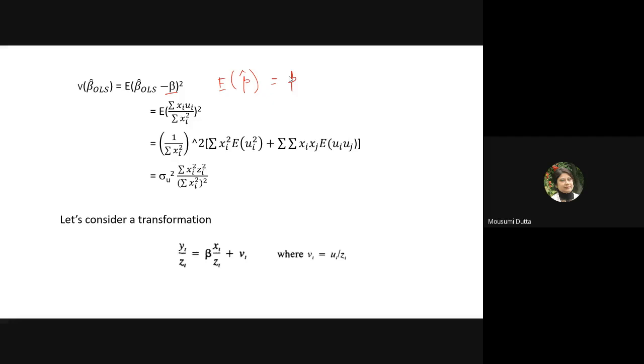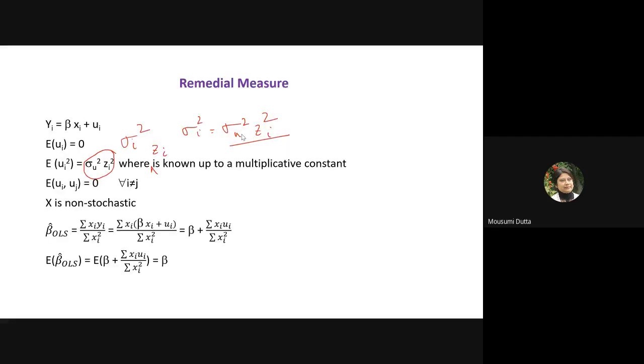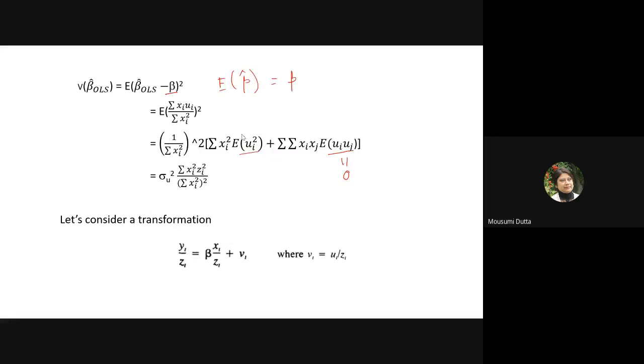Now the second term, that is expectation of ui uj, is equal to 0 by the assumption of non-autocorrelation. In place of expectation of ui square, I have to bring sigma u square zi square, because expectation of ui square is equal to sigma u square zi square.